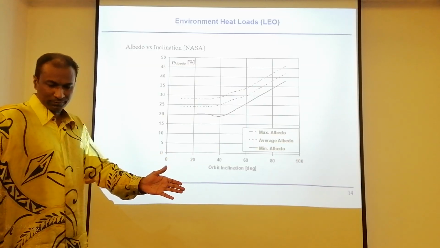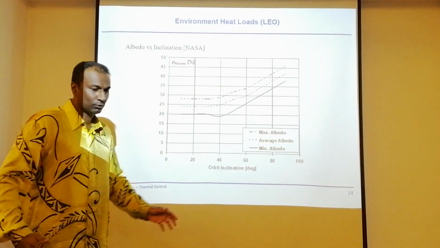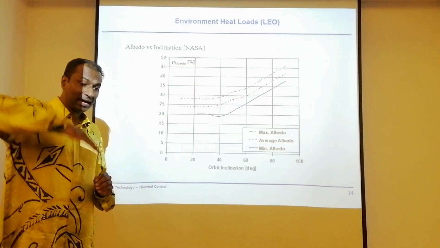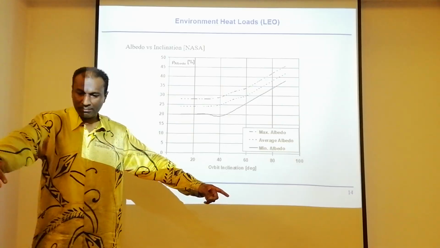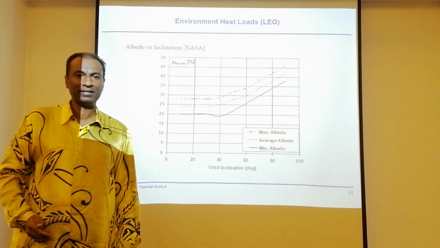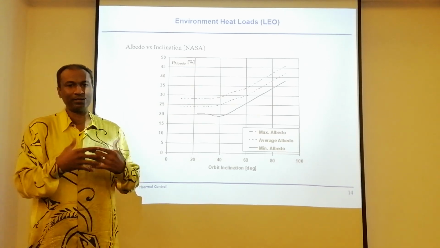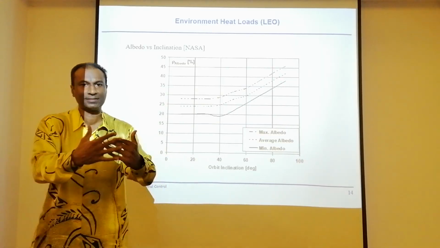But when the sun moves, let's say my orbit inclination moves, that means I'm in a higher or lower orbit. Let's say in a higher orbit, when I'm in a higher orbit, I should be able to actually receive the reflection of the sun, because albedo, the planet Earth, acts like a mirror and reflects the sun.